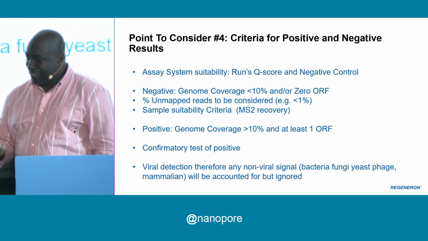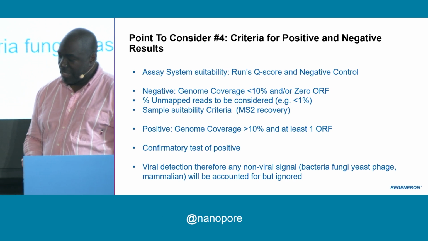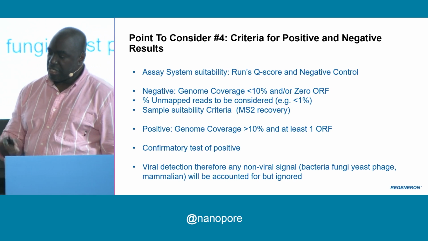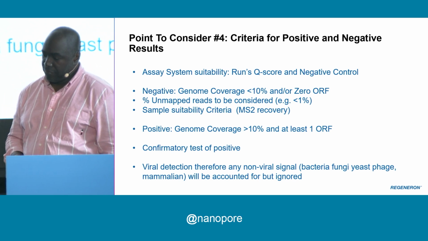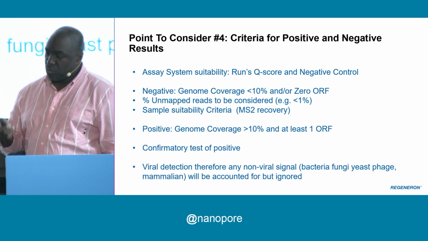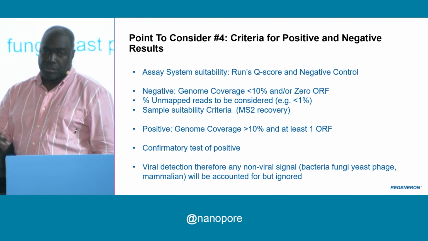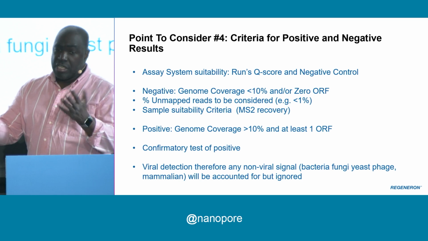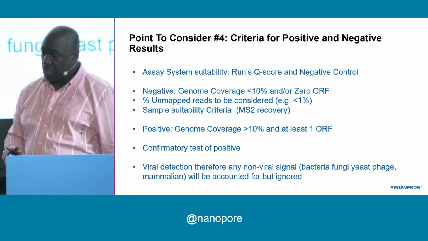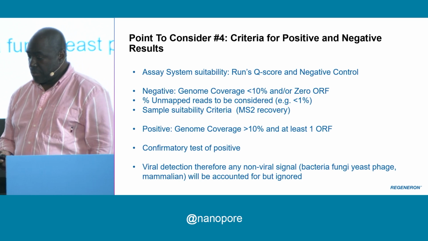For the positive, we want more than 10% coverage and at least 1 ORF. And above this, we want to do a confirmatory test if we do have a positive. The confirmatory test will be to extract those sequences, design PCR, and look for the virus in that pool.